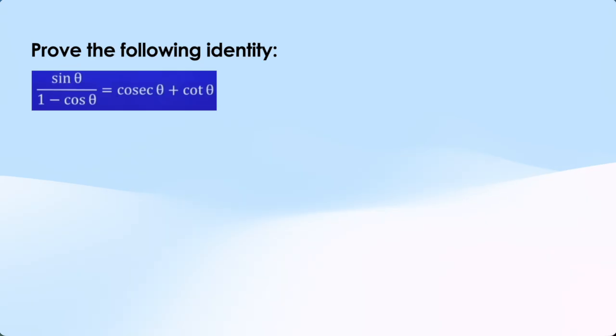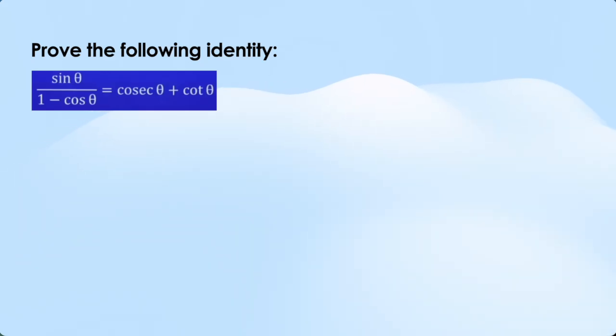The next question is, you have to prove this identity, sin theta by 1 minus cos theta, and it should be equal to cosec theta plus cot theta. Means again in the denominator I have 1 minus cos theta. I know if I wish to change it, there should be cos square theta or something like that, right? But how to convert it? Good.